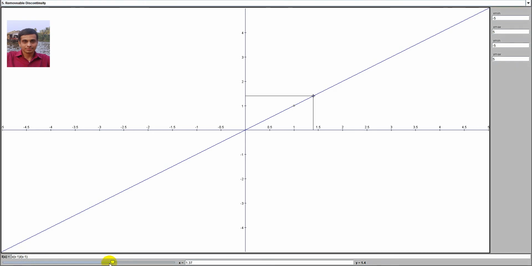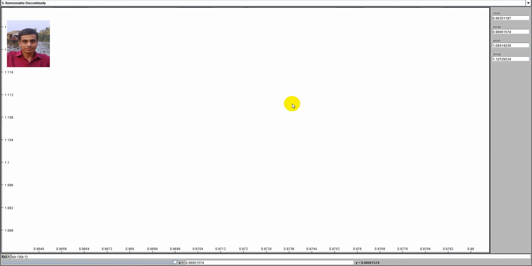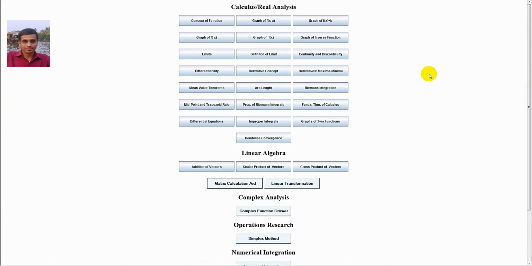So at point 1 there is a break. Though it is not visible, it can be visualized by zooming the graph, and it is getting marked here, this point. So this discontinuity can be removed at point 1, and this is an example of a discontinuous function.